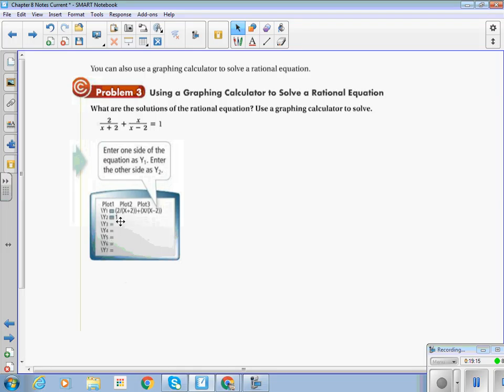So we go parenthesis, 2 divided by x plus 2, close parenthesis, plus parenthesis, x divided by parenthesis, x minus 2, close parenthesis, close parenthesis. And then whatever's on the right-hand side, we put as y2.